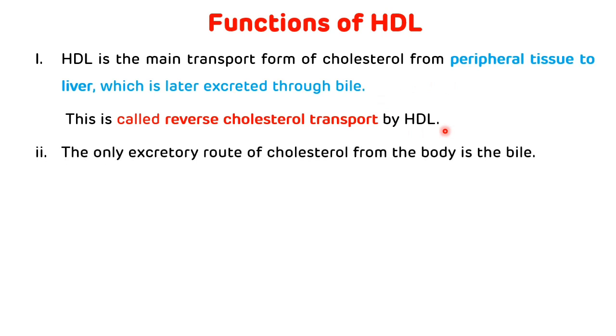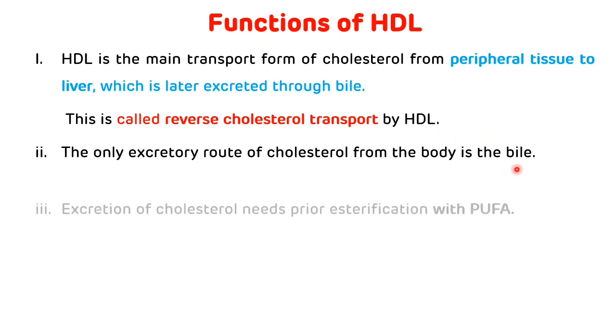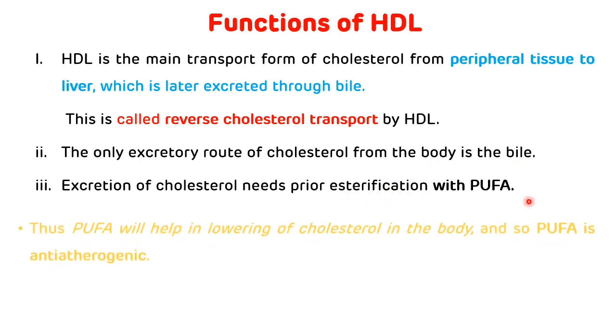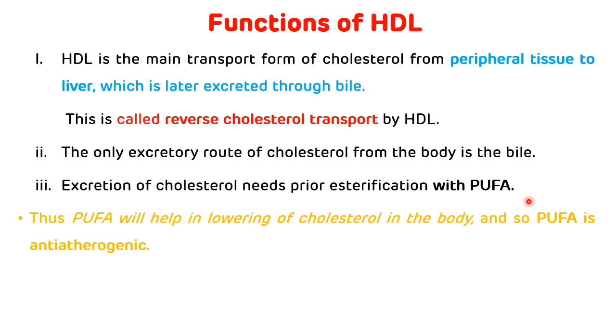The only excretory route of cholesterol from the body is the bile, and the excretion of cholesterol needs prior esterification with polyunsaturated fatty acid. Thus, polyunsaturated fatty acid will help in the lowering of cholesterol in the body. So, polyunsaturated fatty acid is anti-atherogenic.